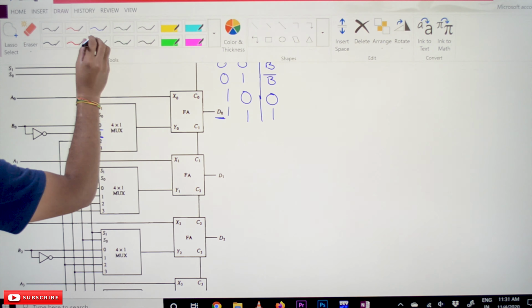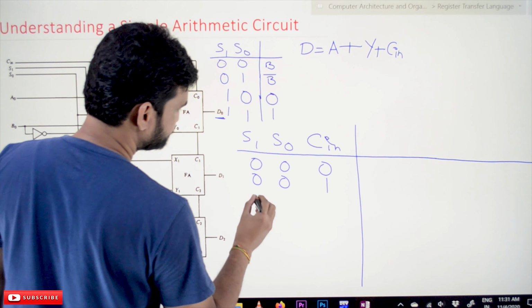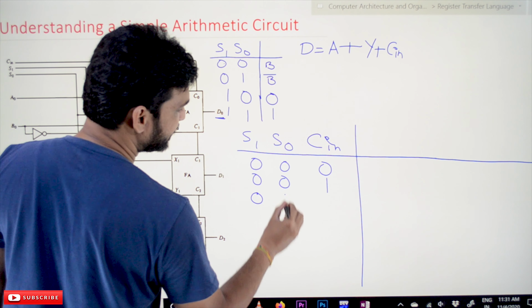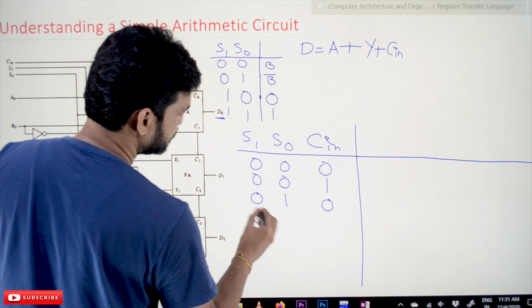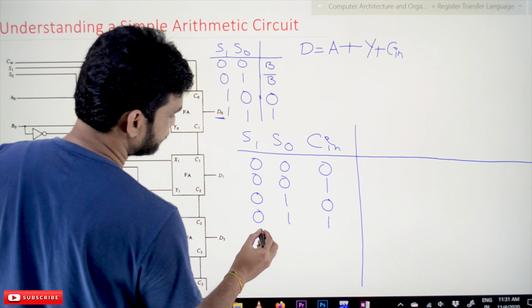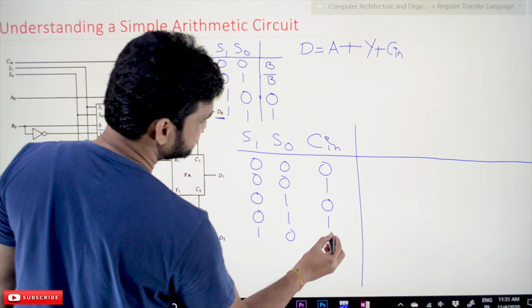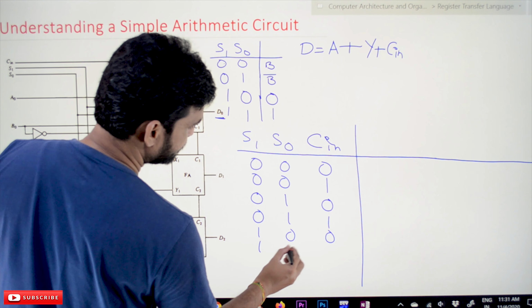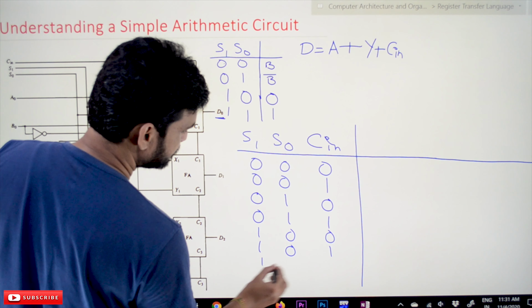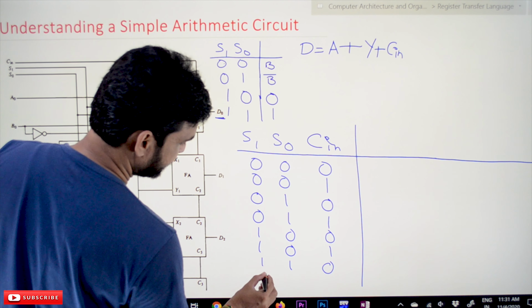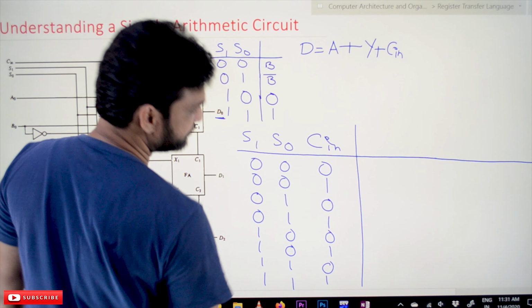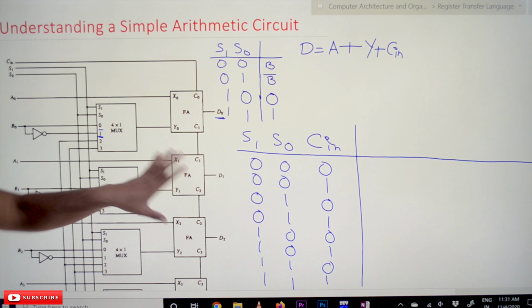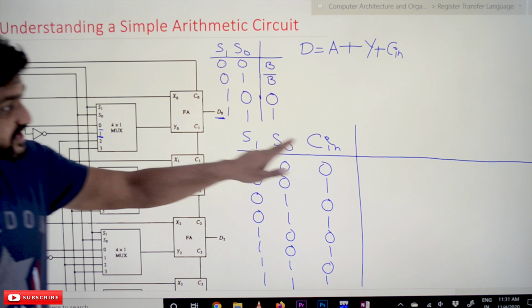They are 0, 0, 0; 0, 0, 1; 0, 1, 0; 0, 1, 1; 1, 0, 0; 1, 0, 1; 1, 1, 0; and the other possible value is 1, 1, 1. So these are the values that can be provided to S0, S1 and Cin.